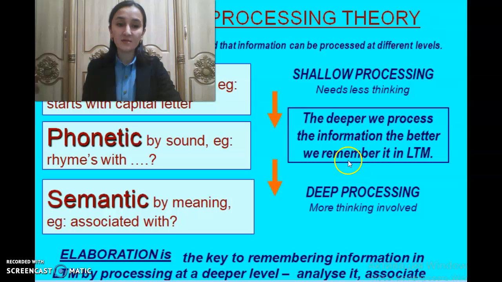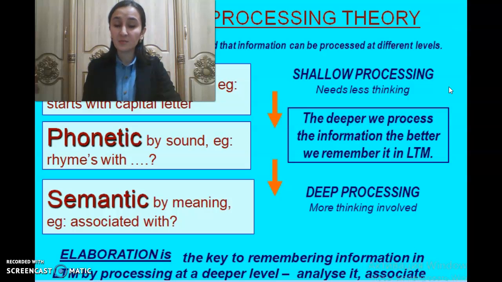In the next stage, we have shallow processing and deep processing. So what is shallow processing? As I mentioned on our previous page, it needs less thinking. For example, imagine that I ask the question, how many windows do you have in your house? Maybe it's an easy question for you, and it doesn't require much thinking.